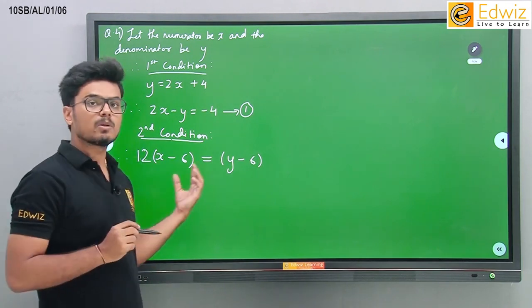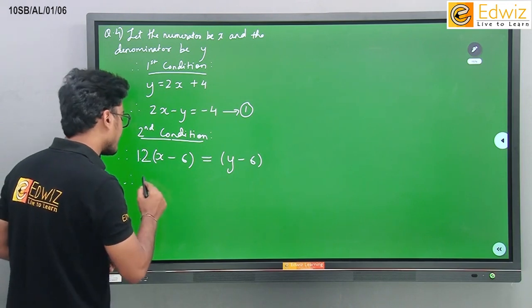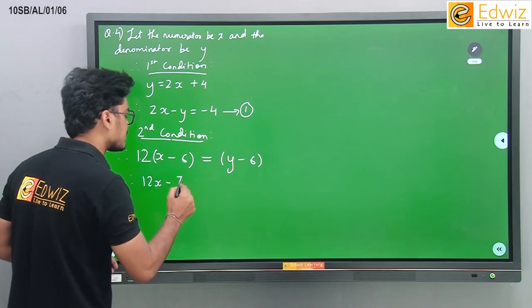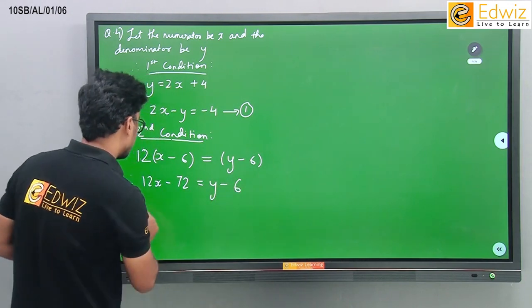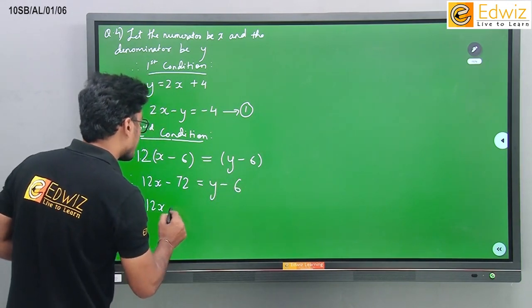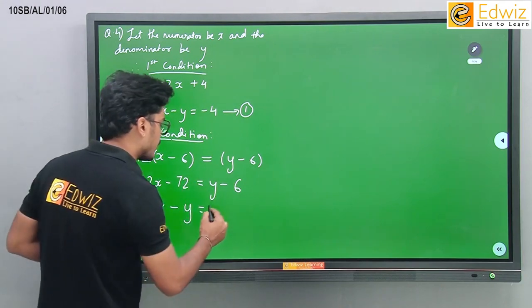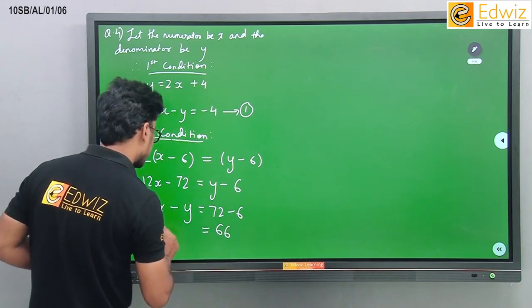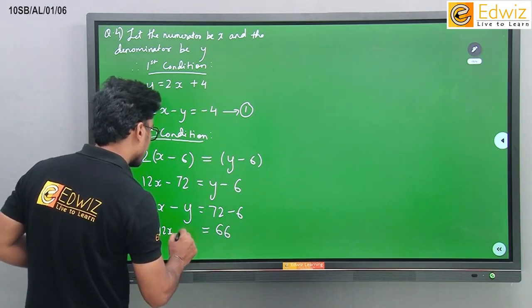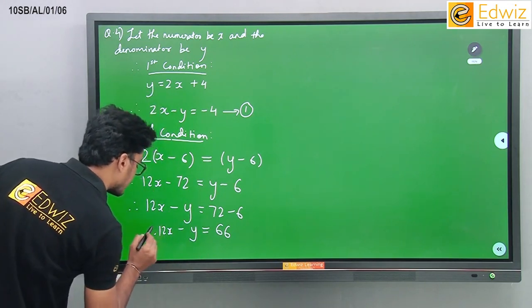So when we open the bracket, 12x minus 72 will be equal to y minus 6. Therefore, 12x minus y will be equal to 72 on that side. It will become positive. Okay, this will become equal to 66. So 12x minus y equal to 66 is my second equation.